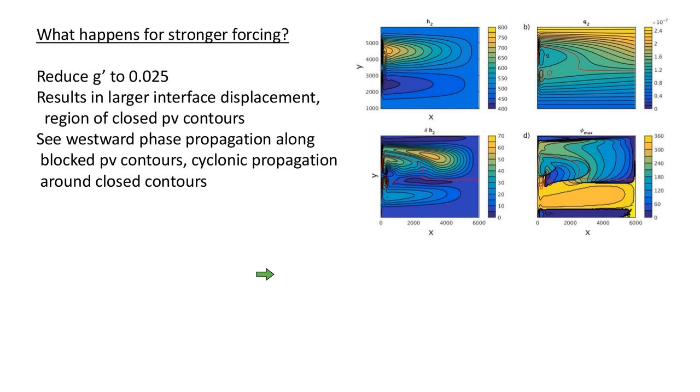Yeah. That's a good question. I don't think so, at least not as it would be parameterized in this sort of layer model, because that would just move the interface. It would be a local transformation of layer 1 fluid to layer 2 fluid. So the mass budget would always be closed, just moving the interface up and down.